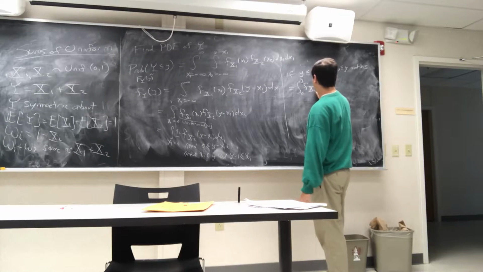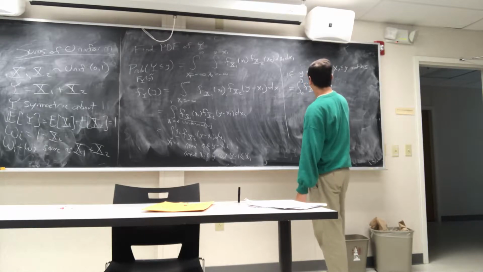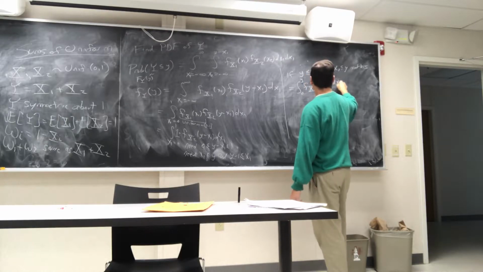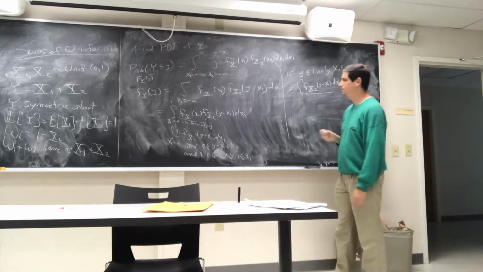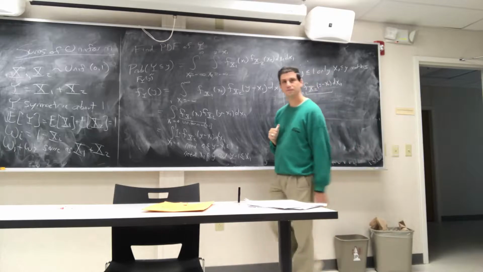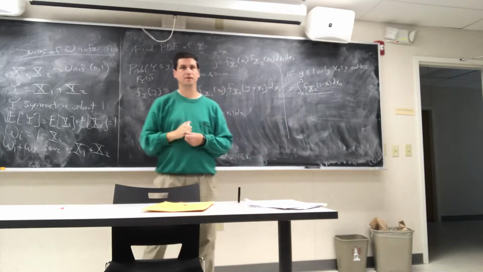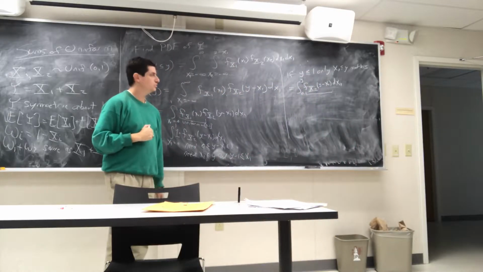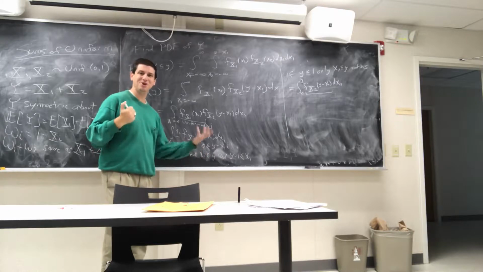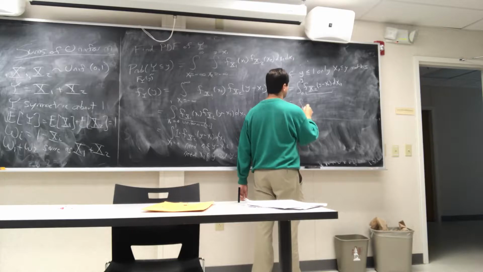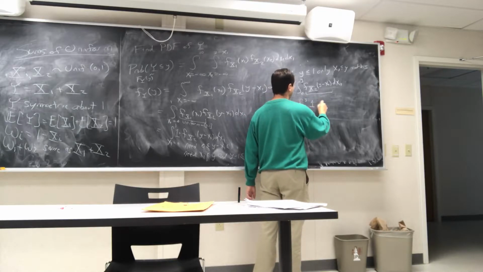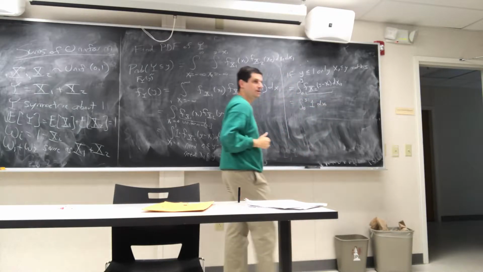F of x2 of y minus x1 dx1. But now, what does this density equal? x2 is a uniform random variable on 0, 1, so what does that density equal? It just equals 1. So this becomes the integral from 0 to y of 1 dx1.